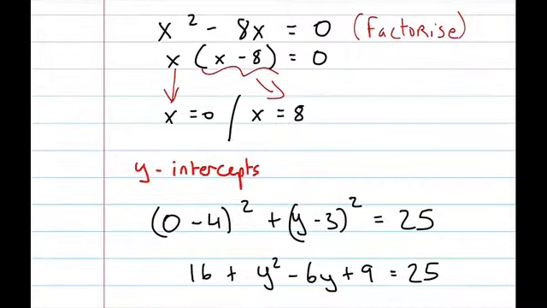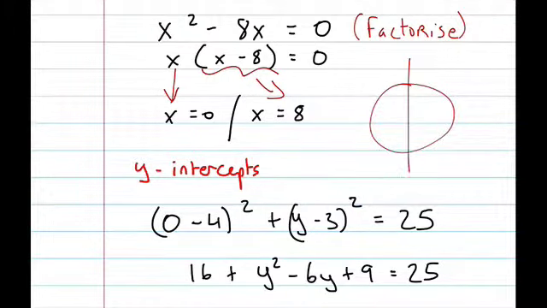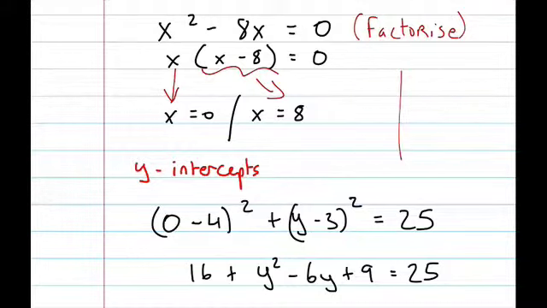So really what this means, what we found there, what did we do? We subbed in 0 for y. Pretend this is my circle. What we did here was x, y.